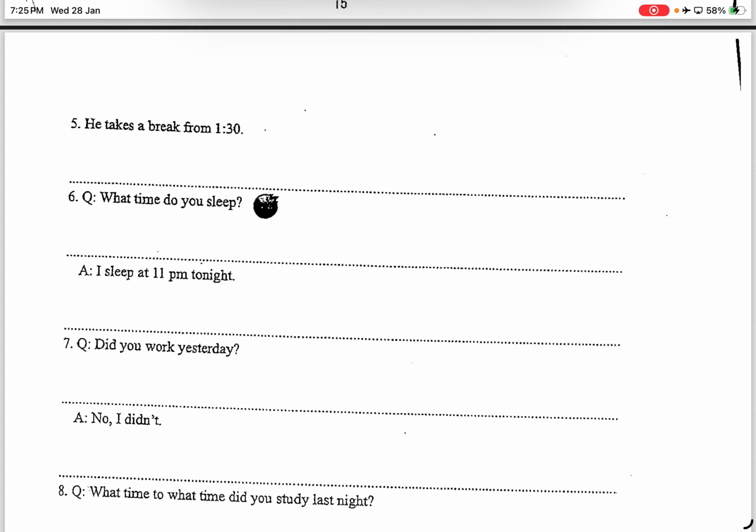あなたは何時寝ますか? So the main part of the answer is 何時寝ますか?